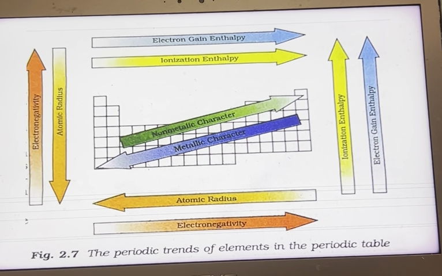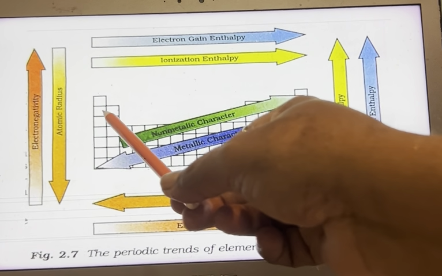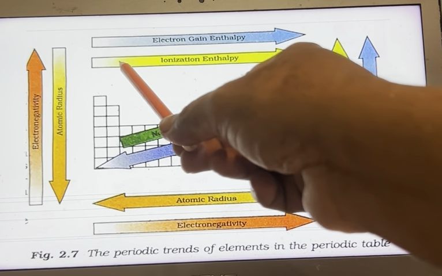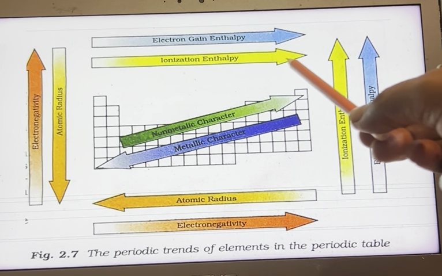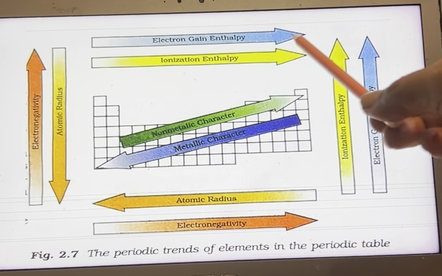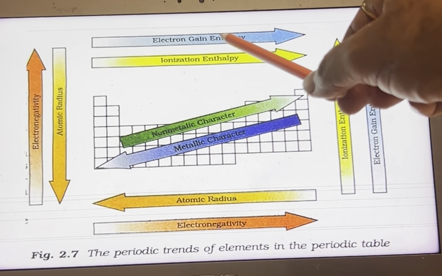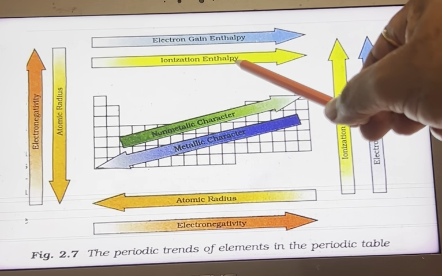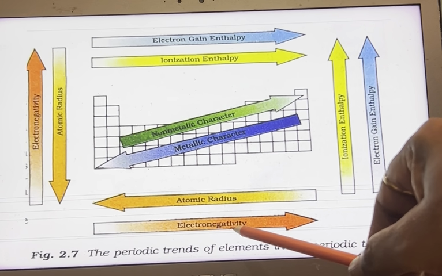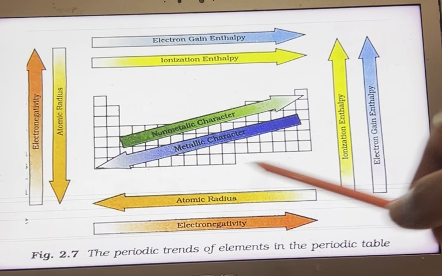Later we will discuss every property in detail so that you can answer AP set bits, NEET or JEE bits. What about when you go left to right in a period? Ionization enthalpy increases, electron gain enthalpy increases, electronegativity increases. These are friends; they follow the same trend in a period.